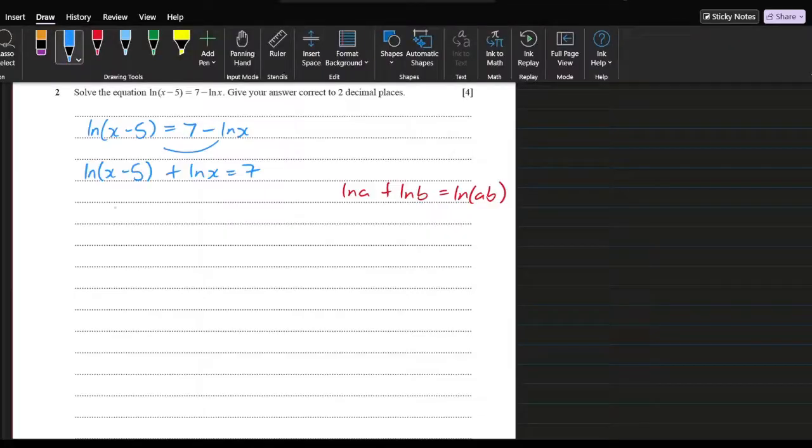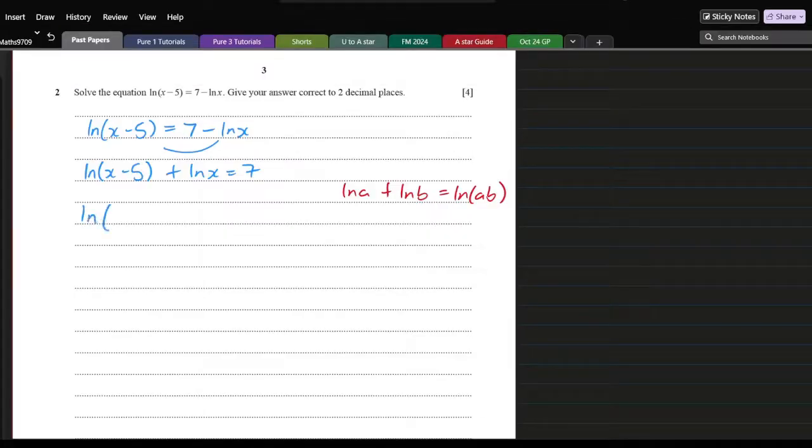So this becomes ln of (x - 5) multiplied by x, and this is equal to 7. So in fact, let's just expand that. So x times x gives us x squared, x times negative 5, that's negative 5x, and this is all equal to 7.